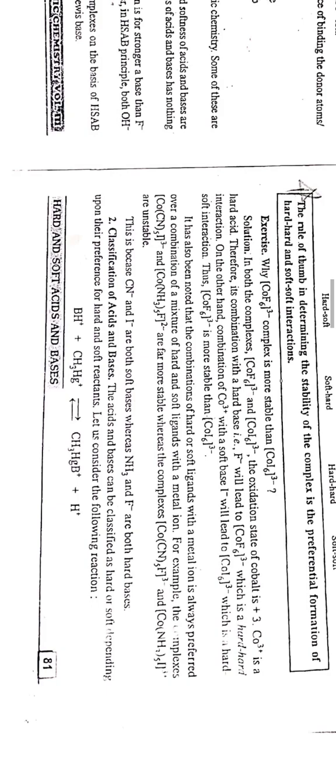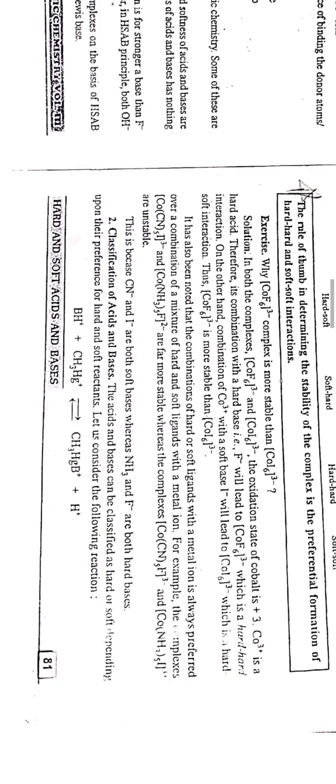It has also been noted that the combination of hard or soft ligands with a metal ion is preferred over a combination of a mixture of hard and soft ligands with a metal ion. For example, the complexes [Co(CN)5I]³⁻ and [Co(NH3)5F]²⁺ are far more stable, whereas the complexes [Co(CN)5F]³⁻ and [Co(NH3)5I]²⁺ are unstable.